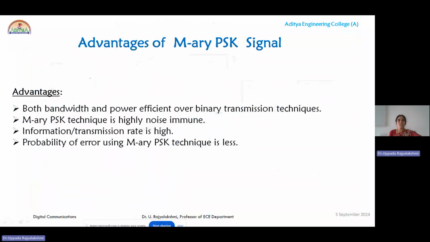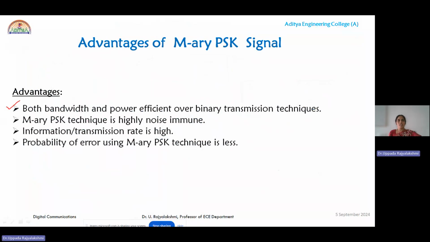So in this module, we have discussed the concept of M-ary techniques, and we have extended the same to M-ary PSK. We discussed the M-ary PSK transmitter and receiver and some of the features of M-ary techniques.